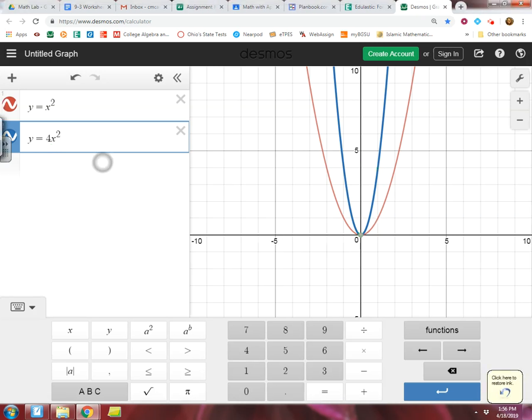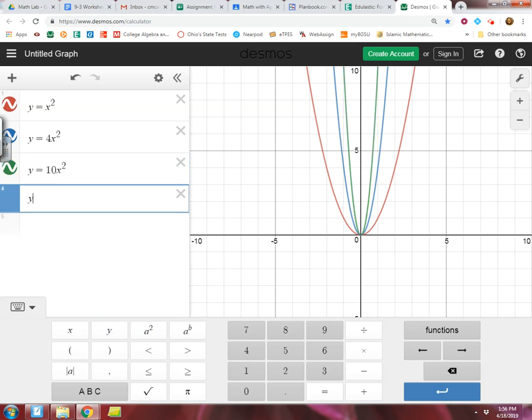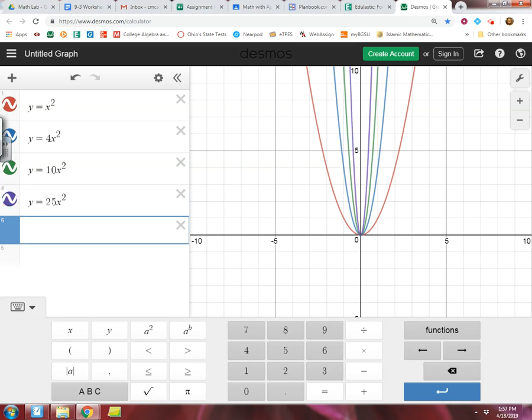Let me show you. Let me change this to y equals 10x squared. Even skinnier yet, right? How about y equals 25x squared? Skinnier yet? What if I go to y equals 2x squared? Now it's in between the regular one and the 4 one, right?